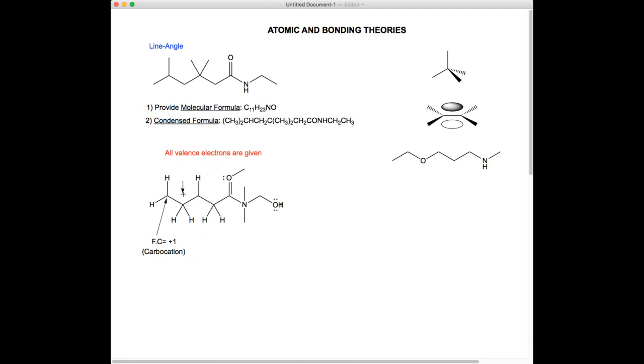So very quickly, guys, what's the formal charge of this carbon over here? This carbon has 4 bonds, right? So any carbon with 4 bonds, the formal charge is obviously 0. What about this one over here? That carbon has 3 bonds, right?